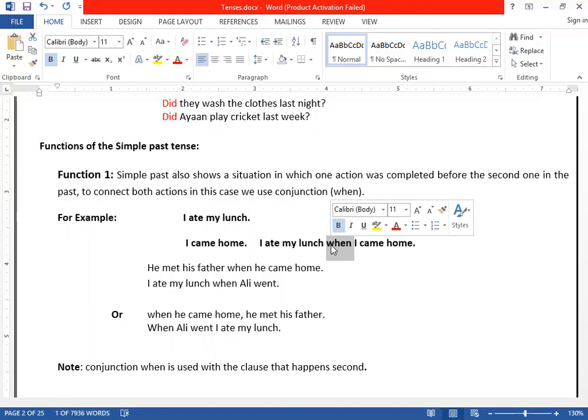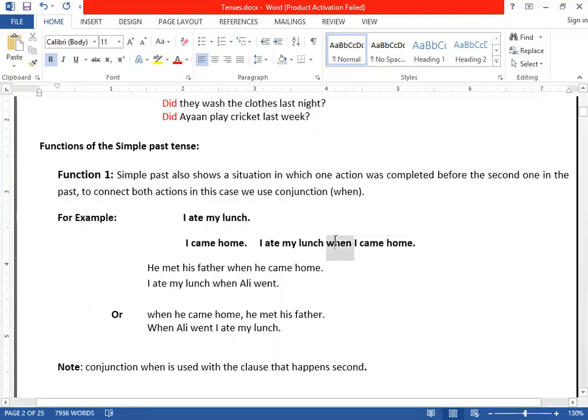First, what did you do? You came home first, this action was completed. And what was the second action? That you ate lunch. Now the question arises: when can I use when? We always use the conjunction when with the second action, not with the first one. The conjunction when will be followed by the action that happens second, not the first.